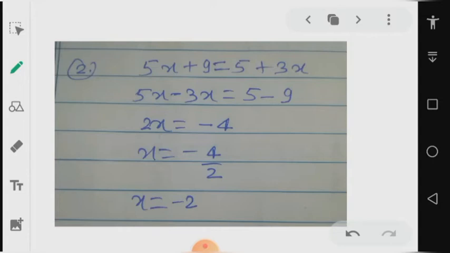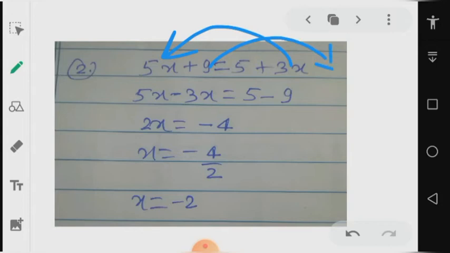Second example: 5x plus 9 on the LHS and 5 plus 3x on the RHS. So again we balance it. Now collect all the like terms on either side. So we transpose 3x to the left hand side, and it becomes negative because 3x is positive on the right side. It changes the sign when transposing to the left hand side.